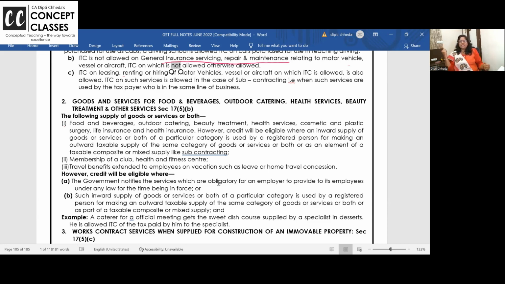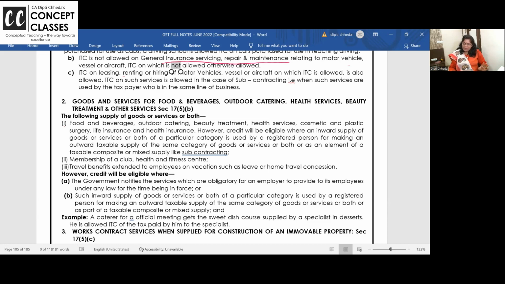Food and beverages. I purchase food and I sell it. So in the same line, if I'm using the services, it's allowed. Let us see. Food and beverages, outdoor catering, beauty treatment, health services, cosmetics, plastic surgery, life insurance, health insurance. No ITC is allowed.